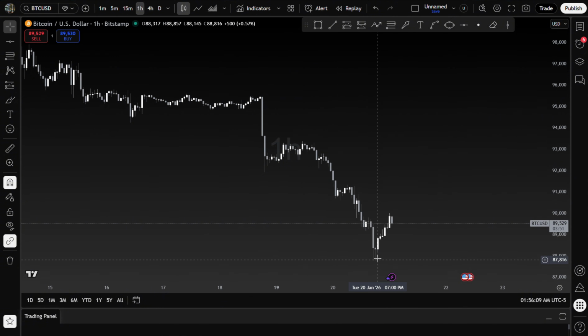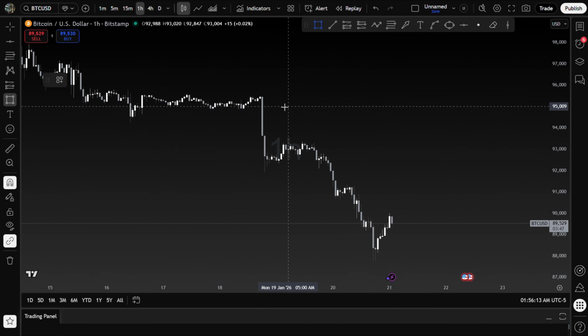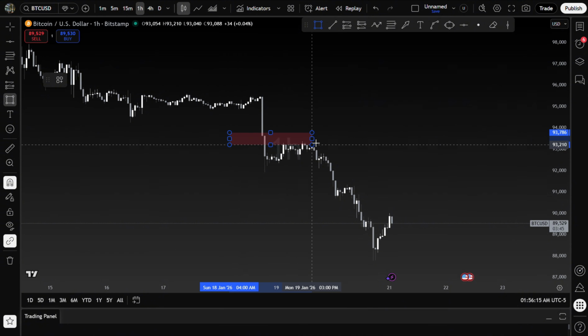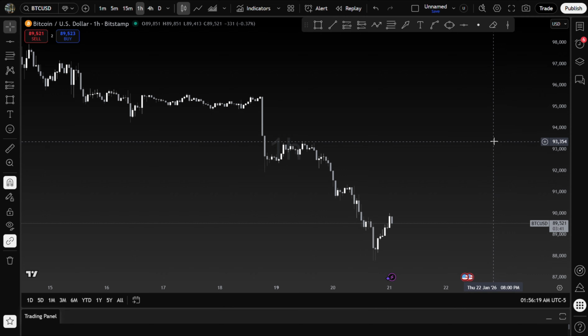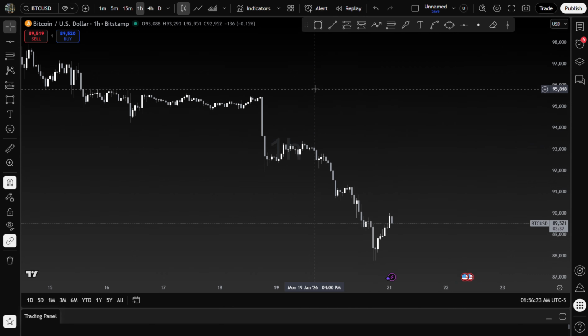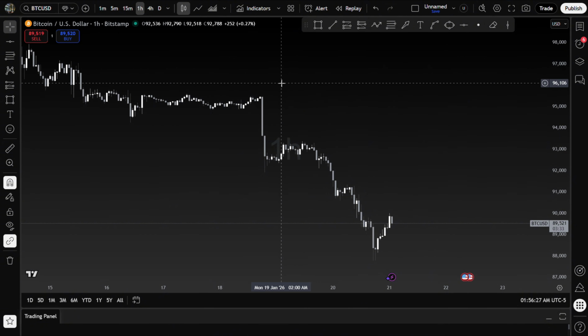And you have the rectangles, which help you mark zones and identify where price reacted strongly. That alone is enough to start reading price intelligently. You don't need 20 tools or a dozen indicators when starting.